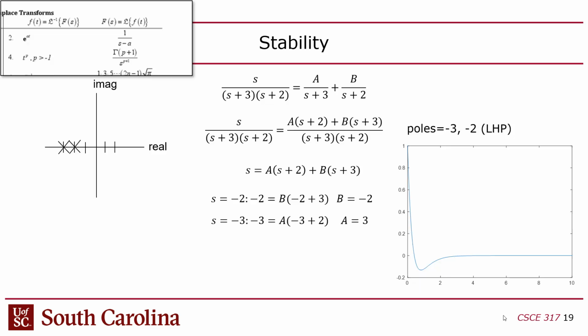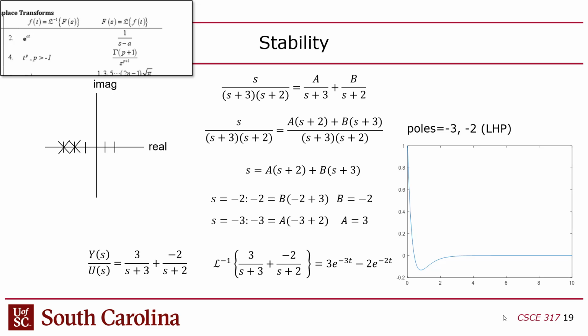Okay, so we talked a little bit about how you could do this mathematically. One of the ways you could do an inverse Laplace transform is if you get it in this form, 1 over s minus a, right? But again, that's a pretty simplistic form.